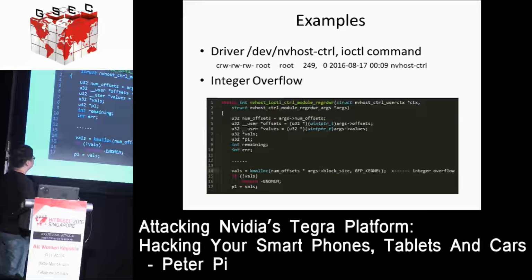The number of offsets and the block size are input from user space. The multiplication can cause the integer overflow, and the integer overflow will cause kmalloc to allocate a smaller buffer than we want.